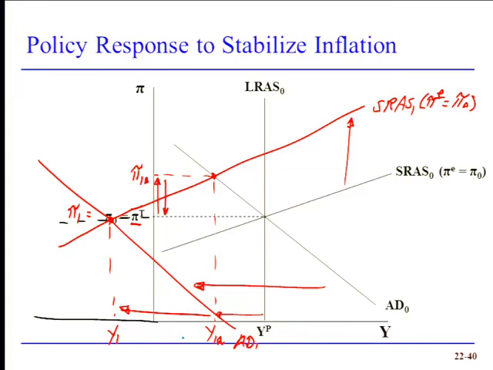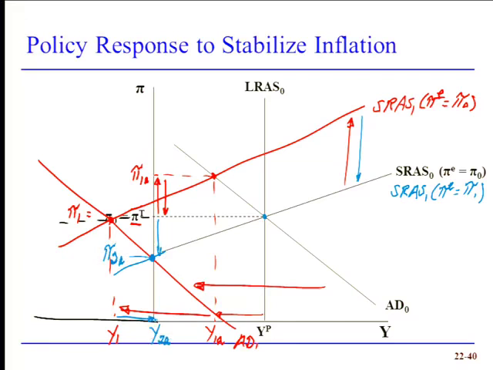So the next thing in year 2, the short-run aggregate supply curve shifts back down to its original location. Not because actual inflation was different, but because actual inflation was different than expected inflation, but it wasn't in the long-run equilibrium position, which will be right here. So when that happens, now the economy begins to improve. Inflation now is too low, and the economy has begun to improve a bit.